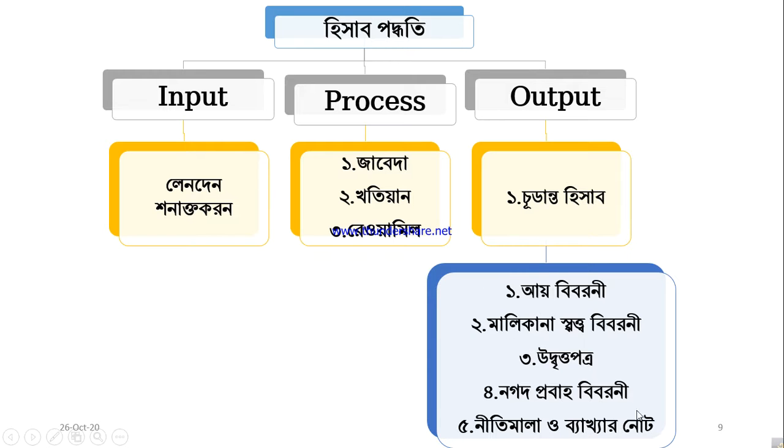These are the combination, and its final shape is the final account. So, these 5 points combined indicate the final account.